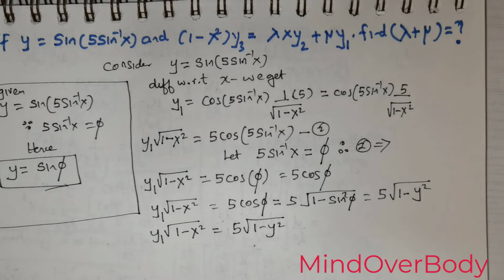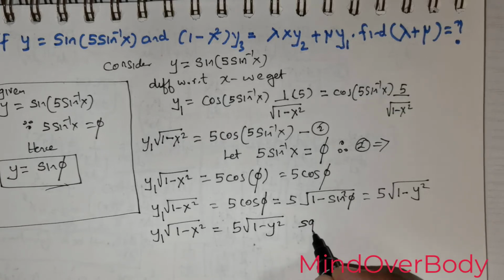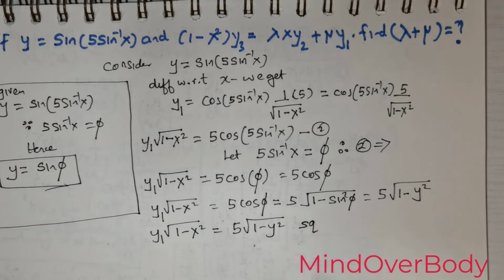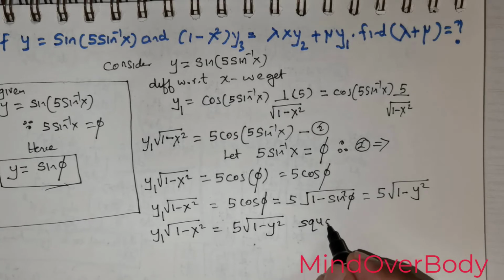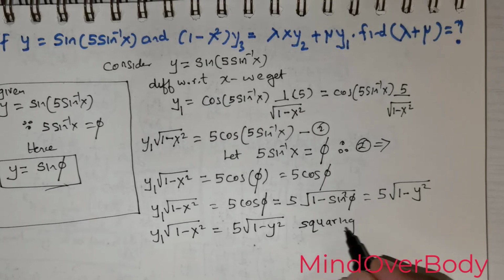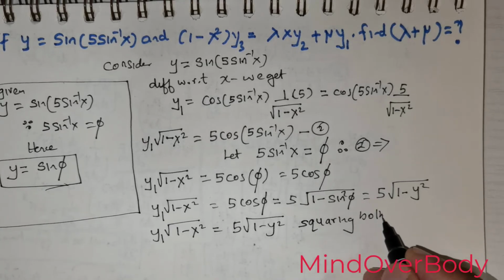So now we will have to start off with our differentiation process. Before we do that, you can see that there is a square root present. I don't want to have that, so before we start our differentiation, let us remove it by squaring both sides.